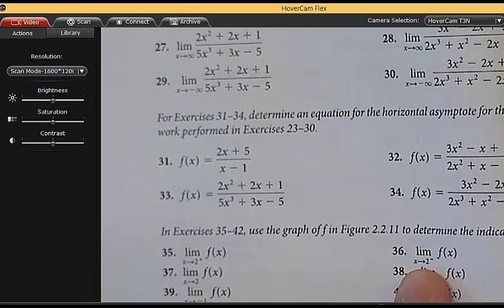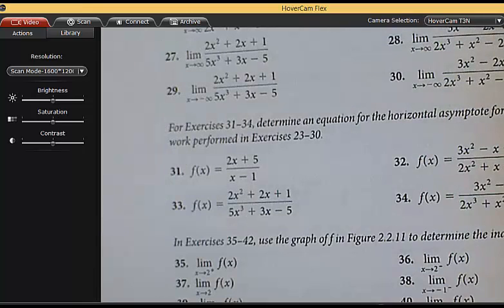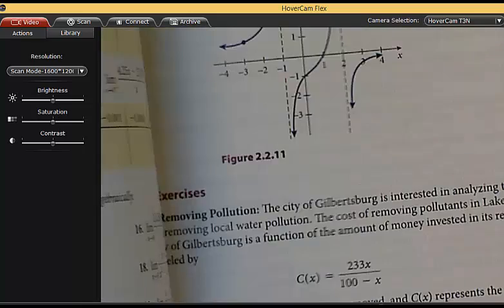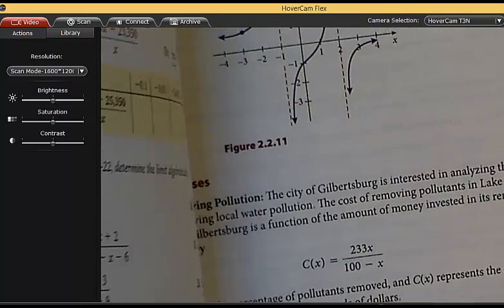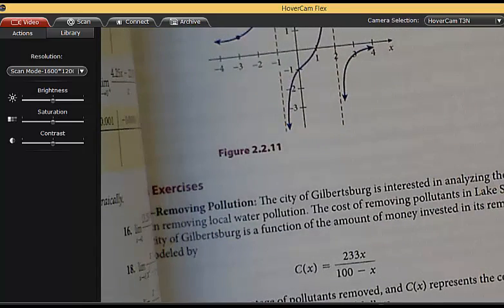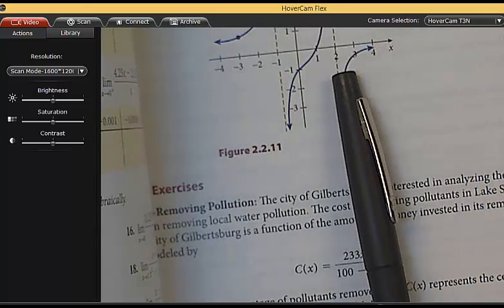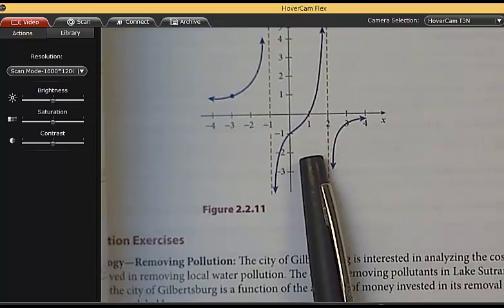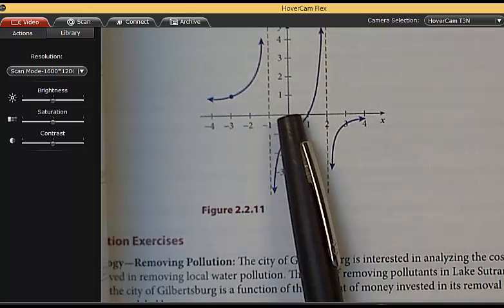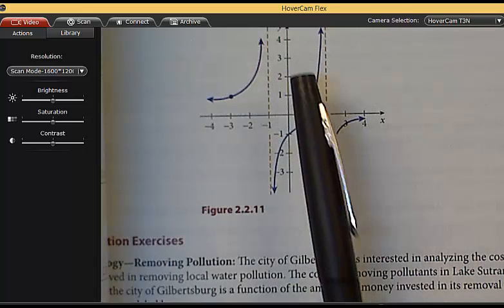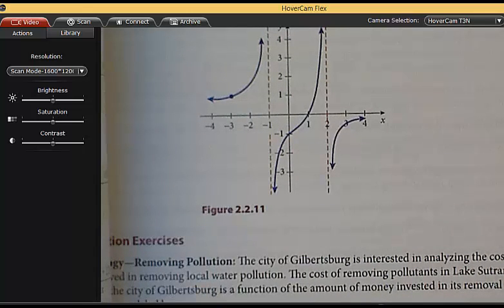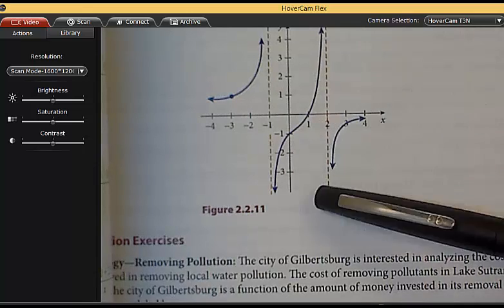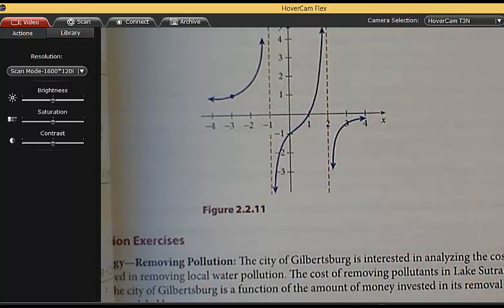That means from the left. And we're supposed to look at the picture on the next page, so let's look at that. As x approaches 2 from the negative side, you could see what's happening, right? I would say the answer is positive infinity. That means it's growing without bounds. But the actual limit doesn't exist because it's not the same on both sides.